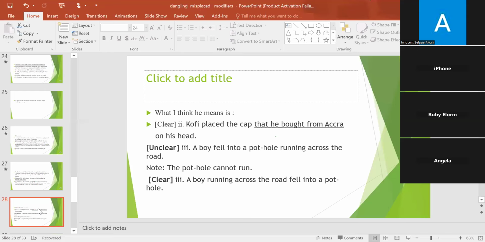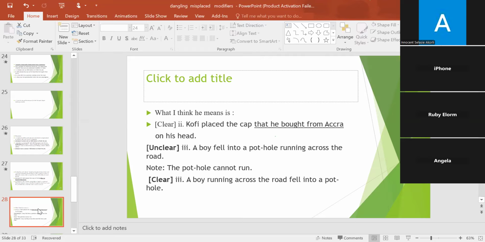If the sentence contains a misplaced modifier, the job is to locate the modifier and put it at the correct place. If it is a dangling modifier, you just have to introduce the appropriate subject and rewrite it meaningfully. That is all. This doesn't call for any problem. It doesn't call for any noise.